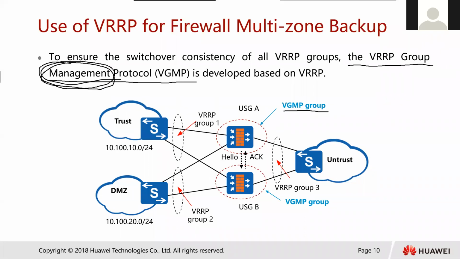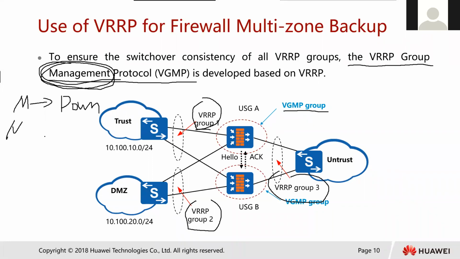It focuses on management, because there are three VRP groups: group 1, group 2, group 3. If one group changes from master to down, all these three VRP groups will change from master to standby.